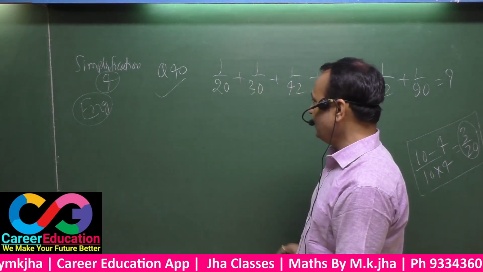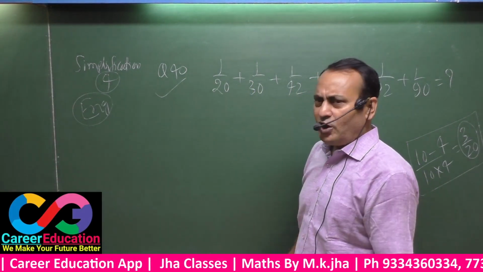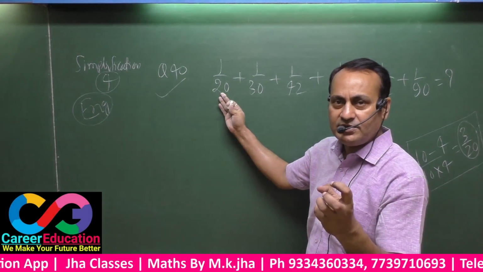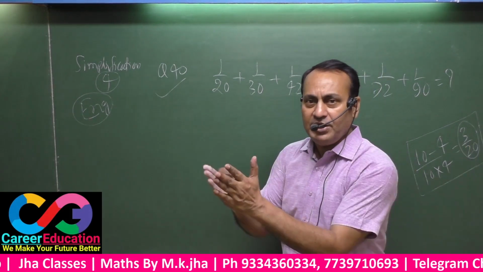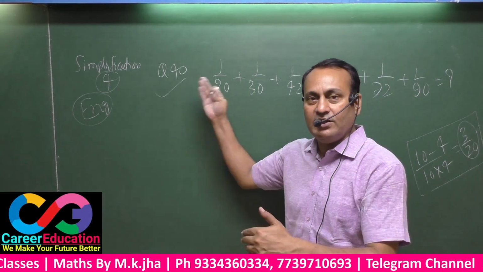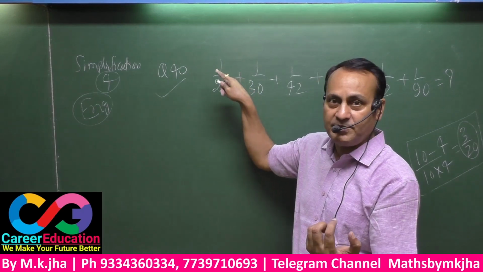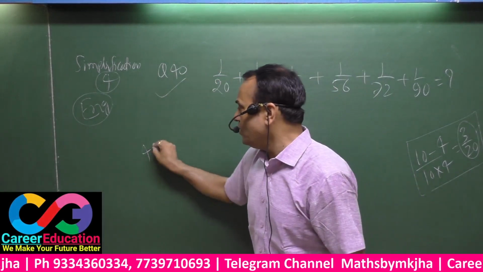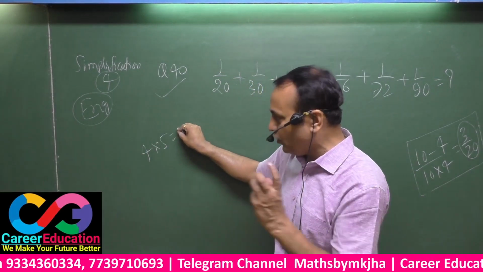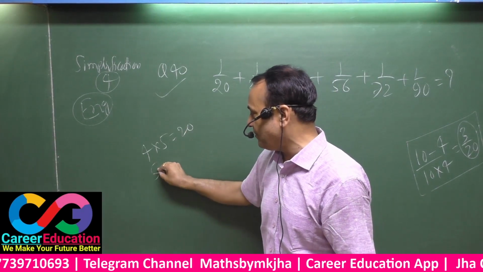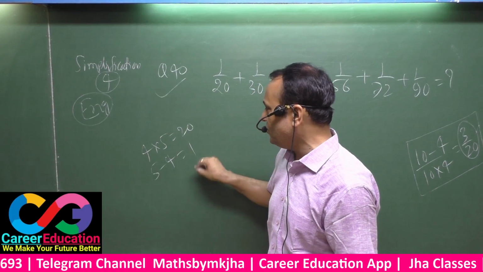See here, you have to point out two factors of this number, so that after multiplication of the two factors the result is 20 and the difference is equal to 1. For 20 you have to point out 4 and 5 as factors. 4 times 5 equals 20 after multiplication, and 5 minus 4 equals 1.